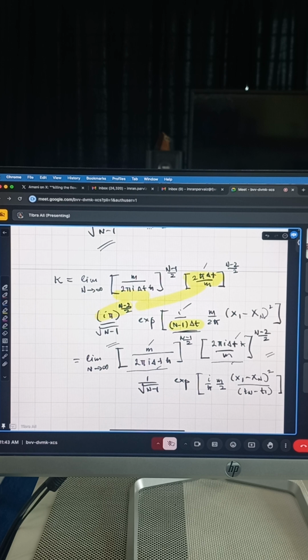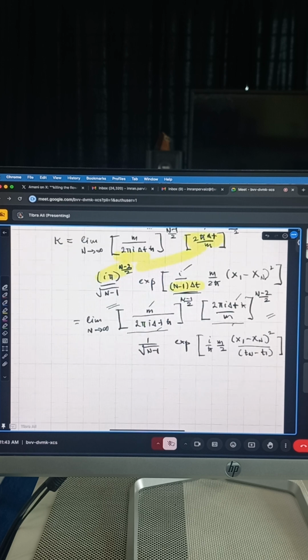So we have n goes to infinity, and what we will have here is m by 2 pi i delta t, and now I can take this thing inside because there's only one factor of square root, and then h bar. And here we have the exponential, the same thing. Now what is this thing? This is nothing but Tn minus T1.